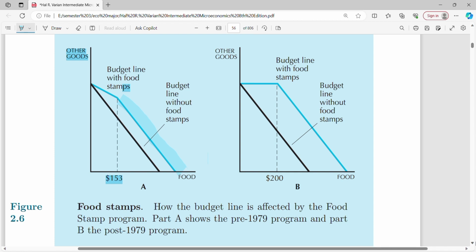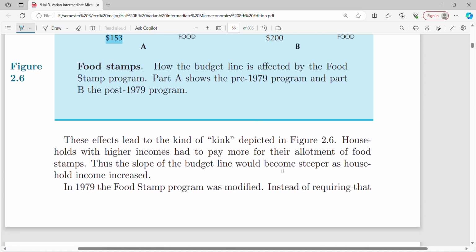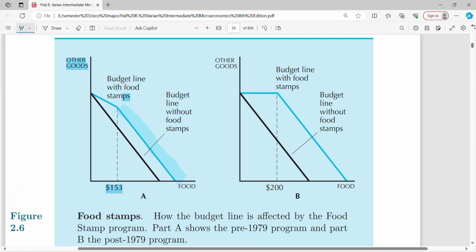That is a basic concept that we have gone through with all these topics. So this is part A, the pre-1979 program, and this is the post-1979 program. So the difference increased. That's it.